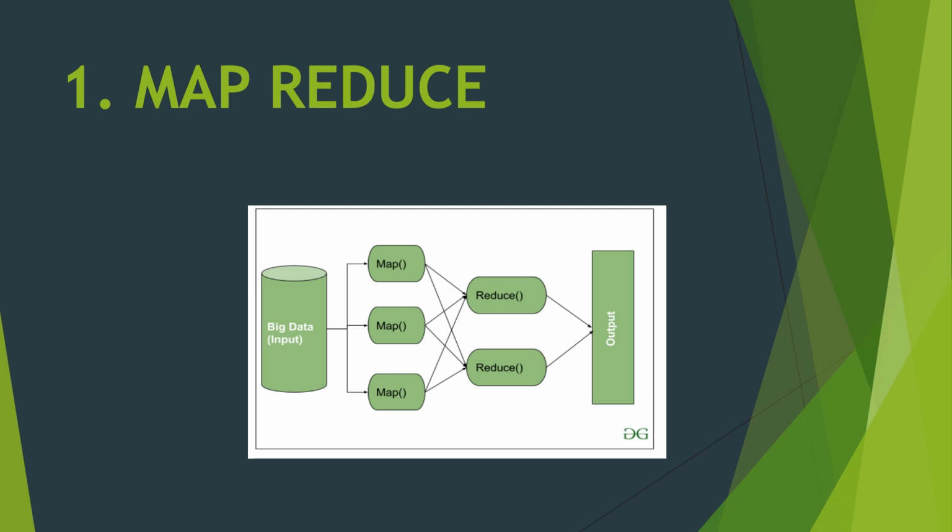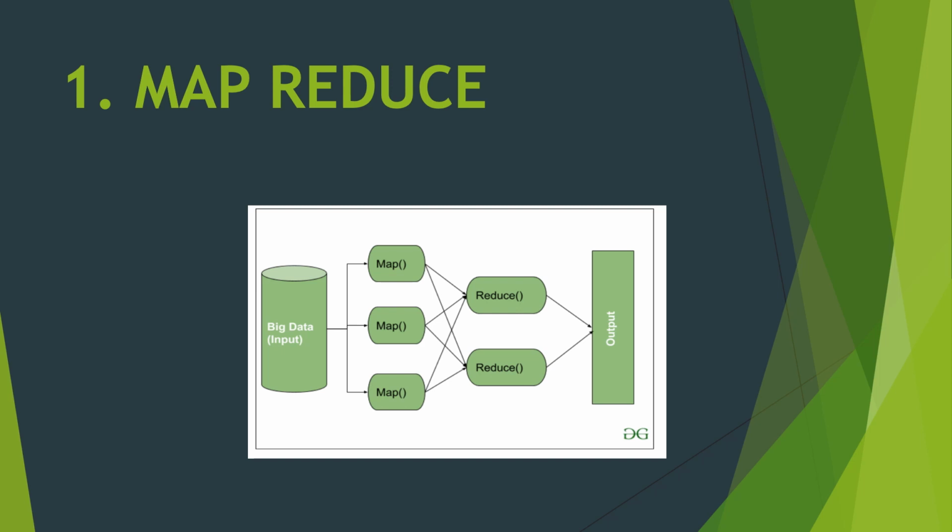As we see, an input is provided to the map function. Now we are using big data. The input is a set of data. In the map function, we break these data blocks into tuples, which are nothing but key value pairs. These key value pairs are then sent as input to the reduce function.